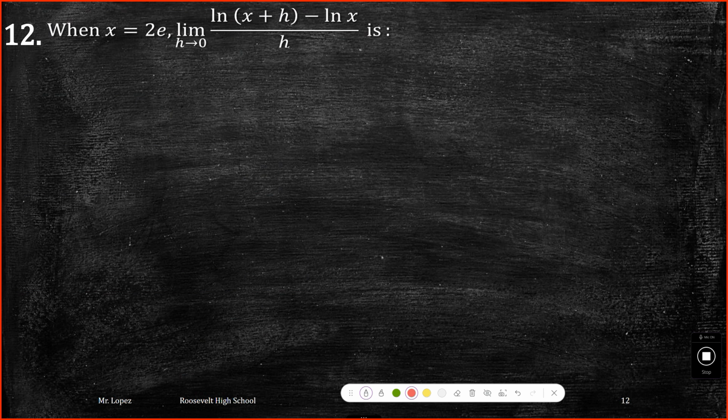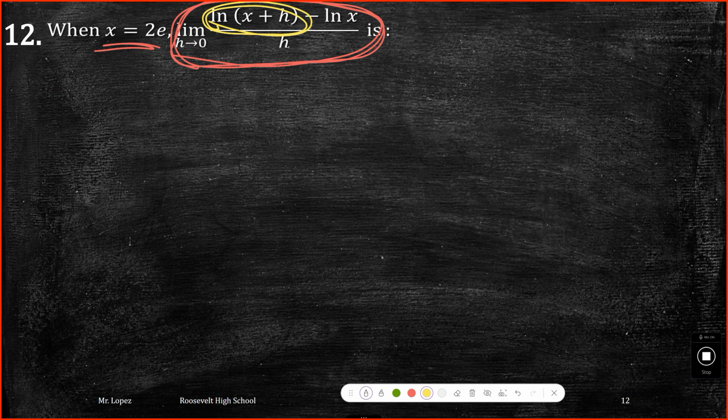When x equals 2e and we have a limit definition, what would be the answer for this? Well, we have to do it the way we've done before. If we are able to extract the function from here and then evaluate it at this point, that would be the easiest way to go. From what we've done before, we usually get it from here.